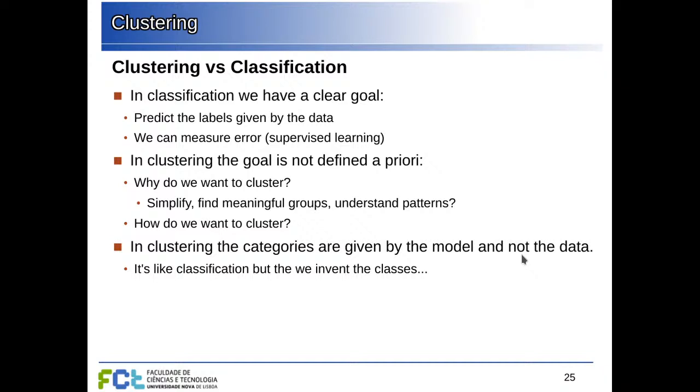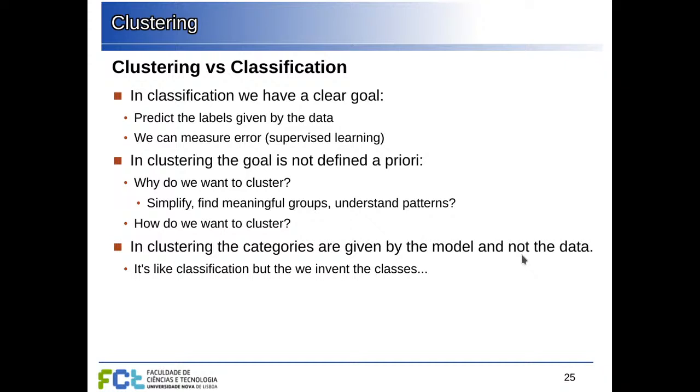In clustering, we cannot really define this, measure this error, because we don't have the clusters in the data. And also, the goal here is not so much to predict what cluster a point belongs to, but try to use clustering to identify some pattern, something that we want to understand. So the way we are going to cluster and why we want to cluster will depend a lot on these issues.